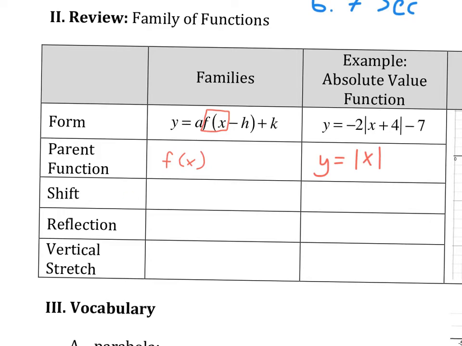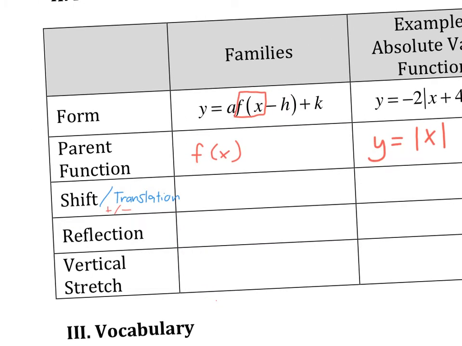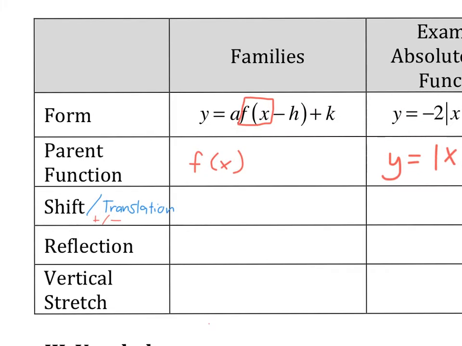Shifting is also called translation. And the shifting part is always dealing with the plus or minus. Anytime a number is being added or subtracted somewhere, we're causing a shift.